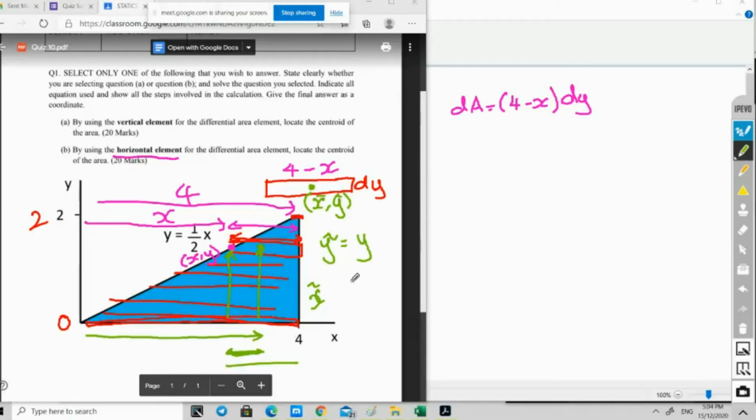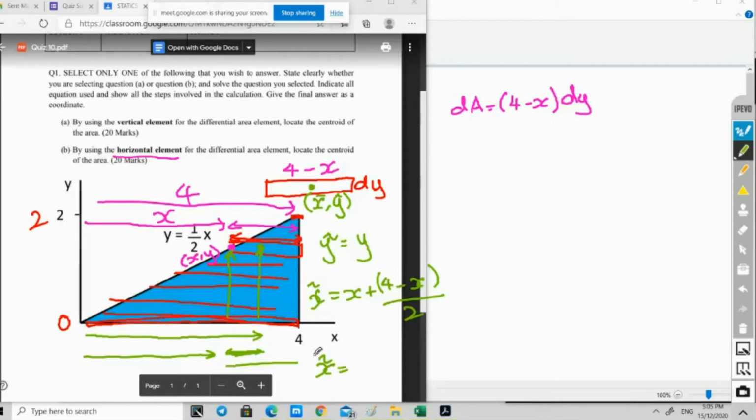So half of that, but if you do this, you have to add this length, right? So you have x plus half of this one, so x plus (4 minus x) over 2, right? So that's one way to look at it. Basically x plus half of this length 4 minus x.